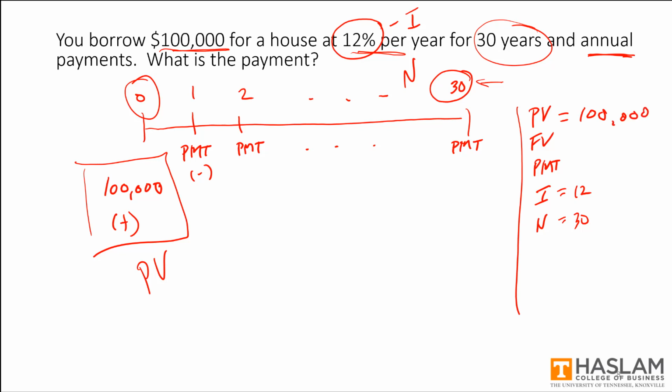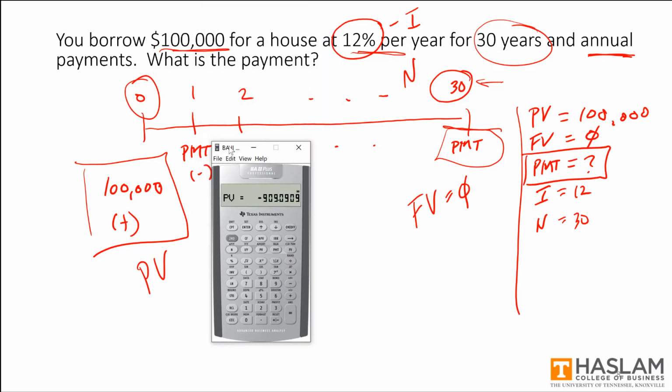What about FV? Well, this payment happens at time 30, but that's going to be covered through the payment key. What's the FV? There is no incremental cash flow at time 30, so FV has got to be 0. So we'll put 0 here and solve for payment.